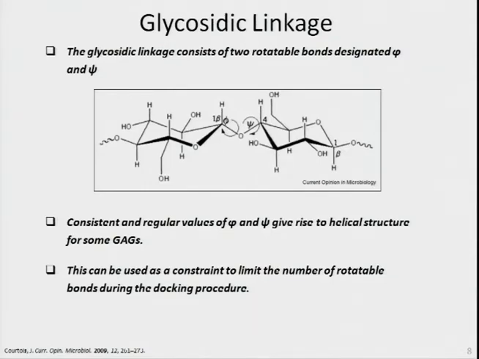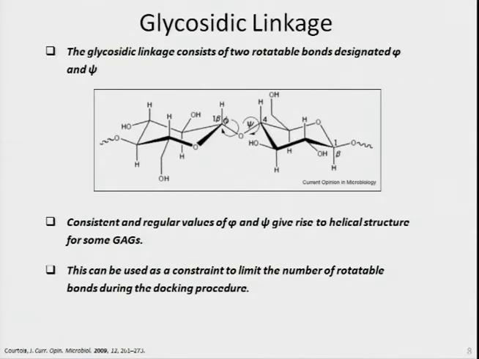Now, as it turns out, because of the substitution pattern of the hydroxyl groups and the acidic groups and such on the sugars, hydrogen bonds can form between the 2 monomeric units, and also the steric hindrance will cause the glycosidic linkage to adopt a fairly regular structure for at least some of the GAGs. So dermatan sulfate has a fairly regular structure.